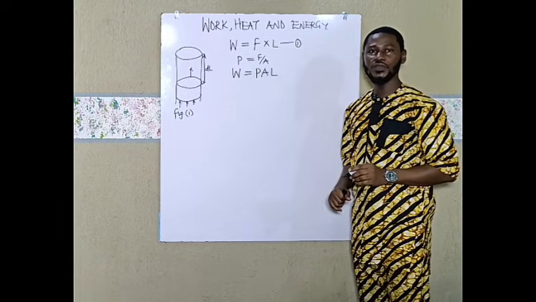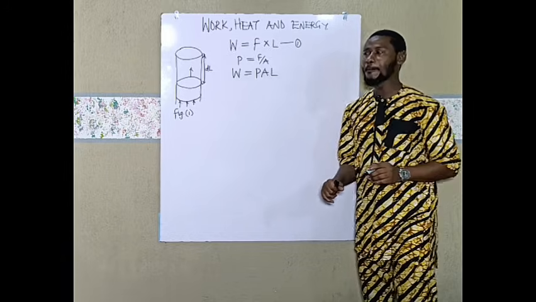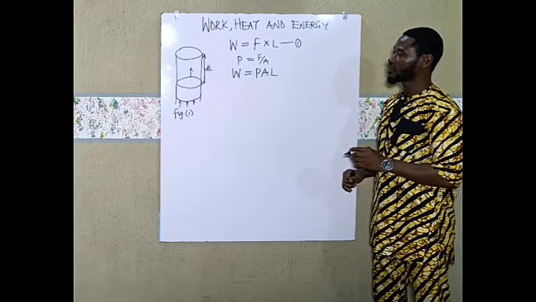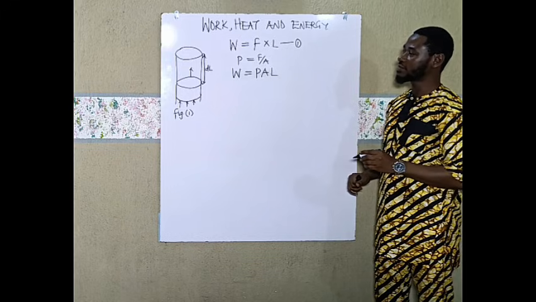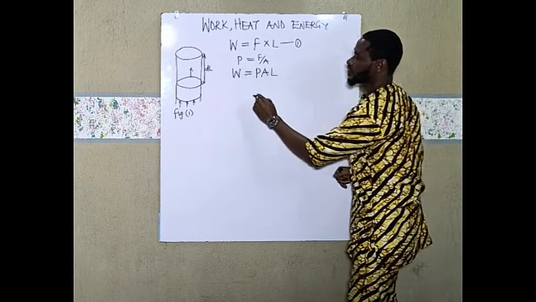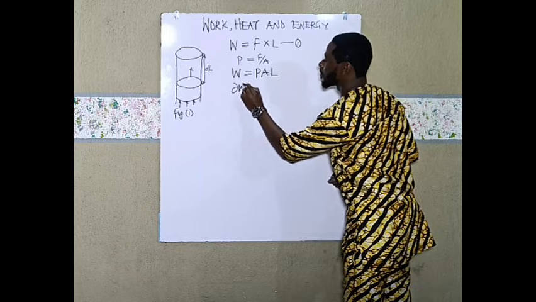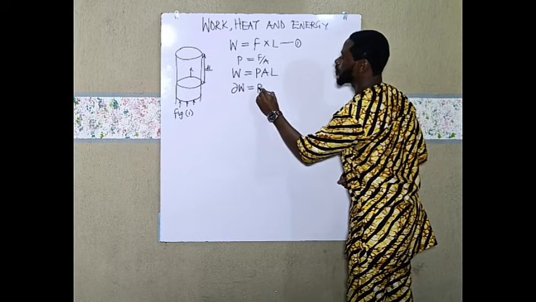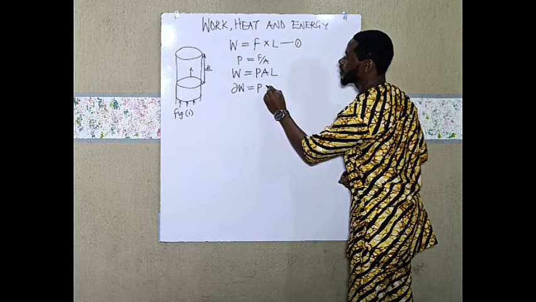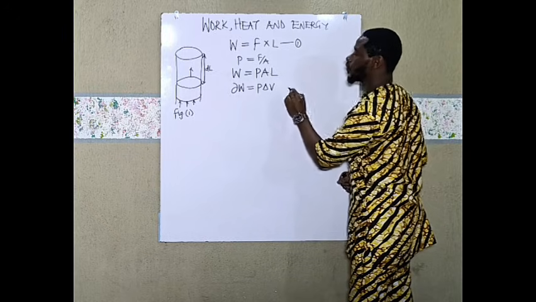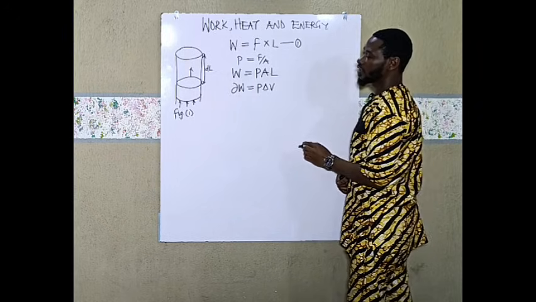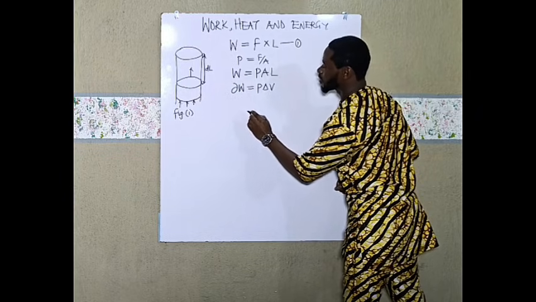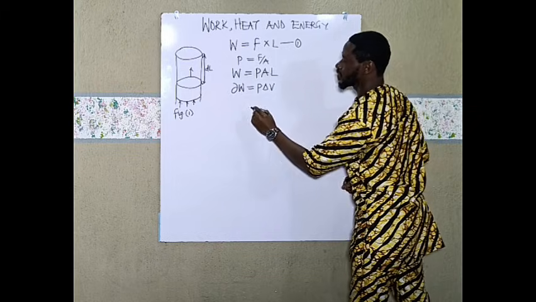If the piston moves an infinitesimal change in distance dl, then the infinitesimal work done is given as dW equals P multiplied by change in volume. Now we integrate the change in volume from state 1 to state 2.